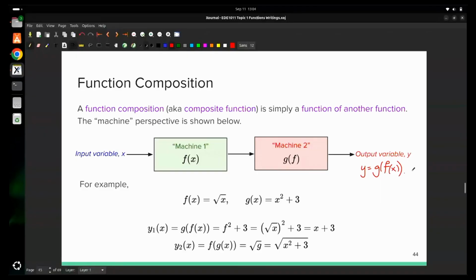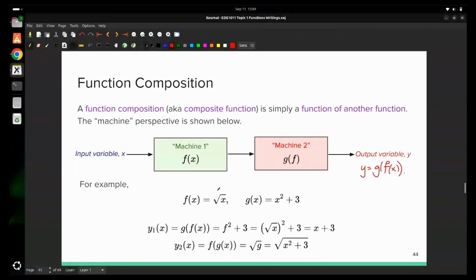So function composition is representative of the real world, and it is also very representative of the machine learning neural network. The machine learning neural network is actually a humongous composite function. We're going to look at that much later, like Math 3. So let's look at a simple example first.